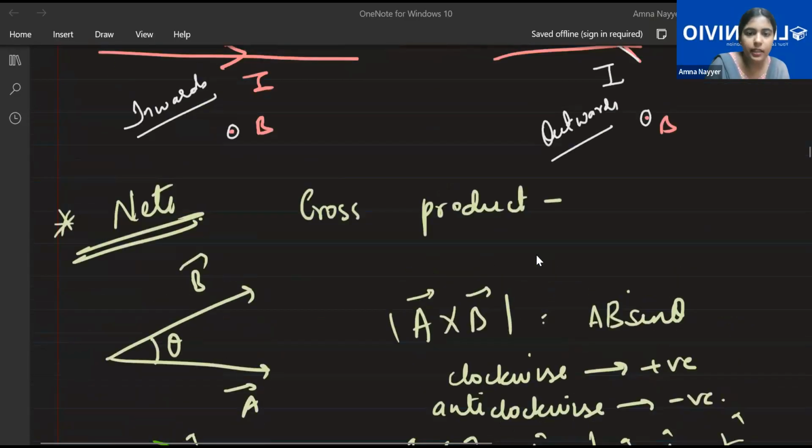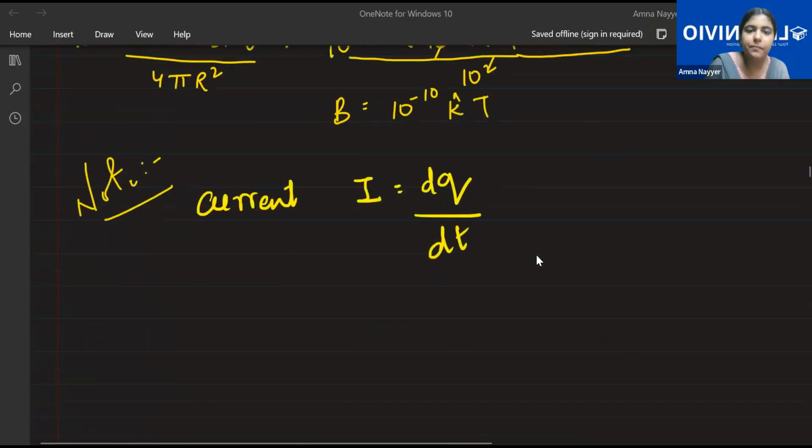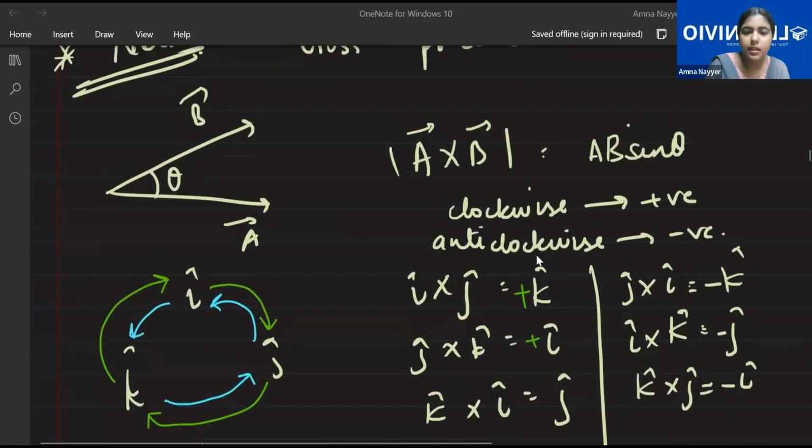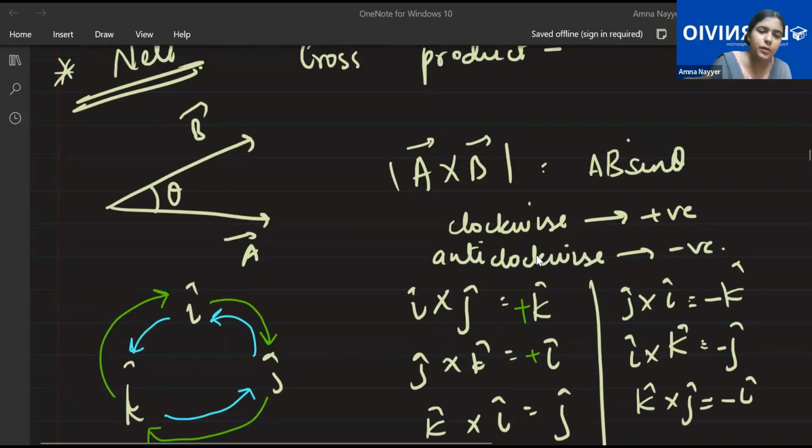Quickly write this cross product thing, class. This and okay. One or two things, then we'll complete this. Just write the cross product very quickly. This you must be already remembering.